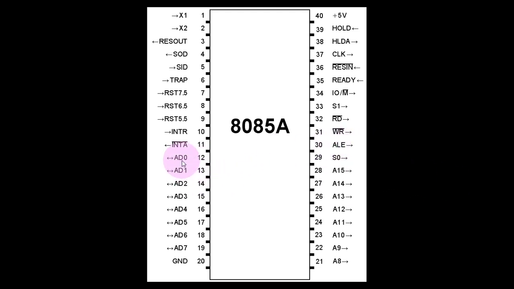Once the address appears on the lines AD0 to AD15, if the address latch enable signal is made high, your address will be latched, meaning it will be stored somewhere, so that when the next thing is getting executed and data is present over these lines, you can retrieve that complete address from that stored latch. We will discuss more about this, and we will discuss the circuit of this in the current lecture also.